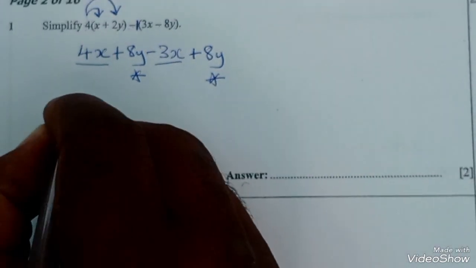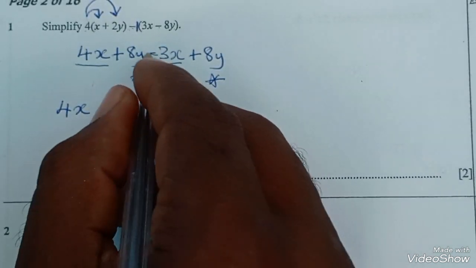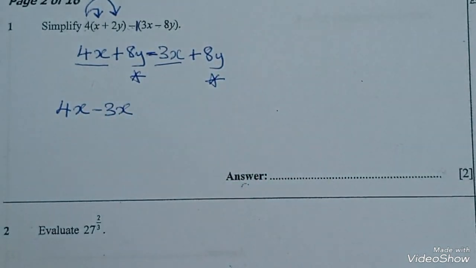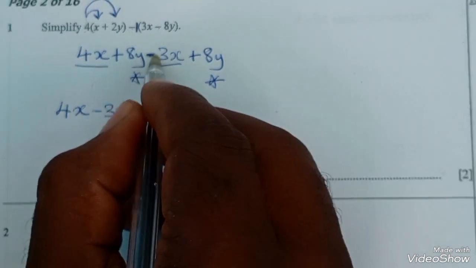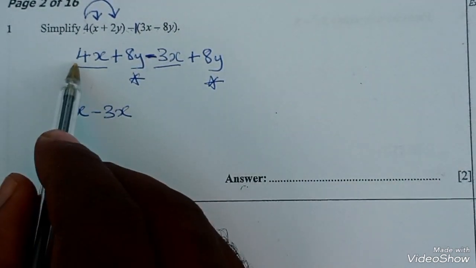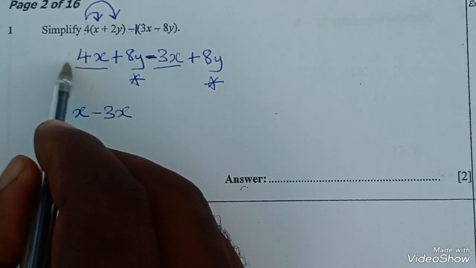So we are going to say 4x minus 3x. So let me emphasize on this sign. Let me start with 4x. 4x, it is a positive number.